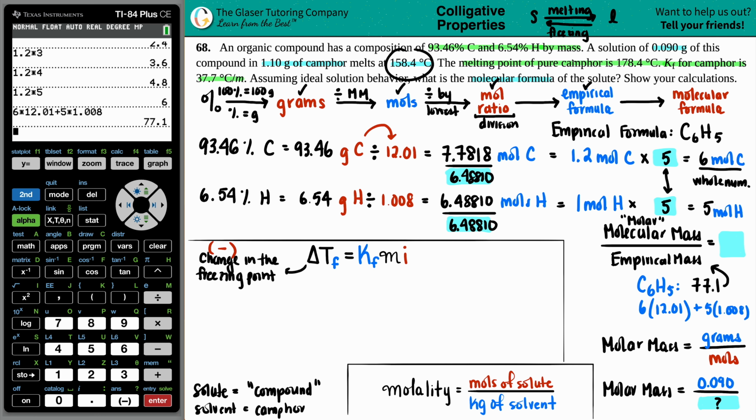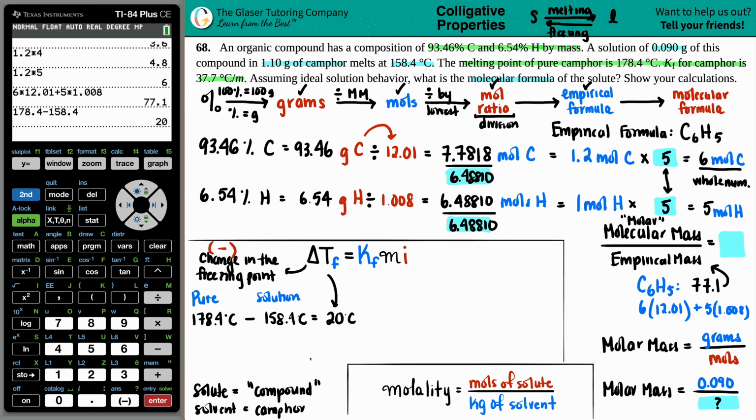So we just take these two temperature values and subtract them in a way so that you get a positive value for your delta T. So in this case, we're going to take the pure camphor because that's higher, 178.4 degrees Celsius, minus the solution temperature, which was 158.4 degrees Celsius. If I just subtract these two, I get 20 degrees Celsius. And that is my delta TF.